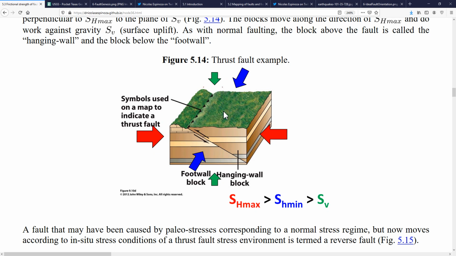Here it's not that easy to see this, but it's going to be a lot clearer in the next section that we're going to talk about. But the strike is going to depend on that orientation, the orientation of the three stresses.